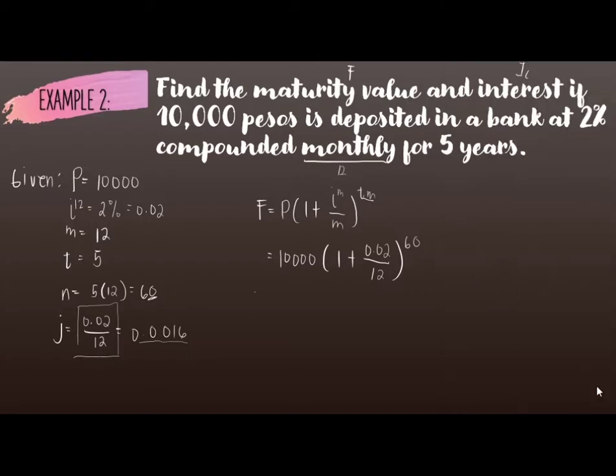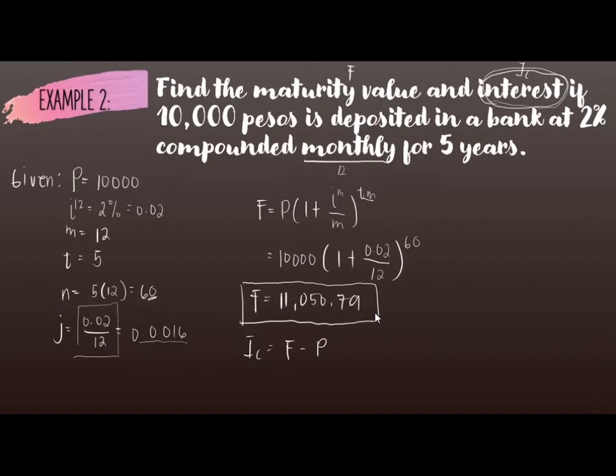Okay, so ang future value natin is 11,050.79. Okay, so after 5 years, yan yung magiging pera mo sa bangko. Then next, ang hinahanap pa ay yung interest. So, nawawala pa yung interest. So, paano computein ang interest? Future value minus the principal. So, minus lang natin yan.